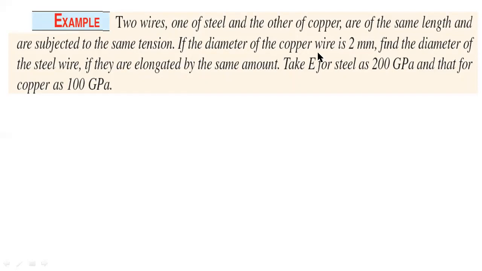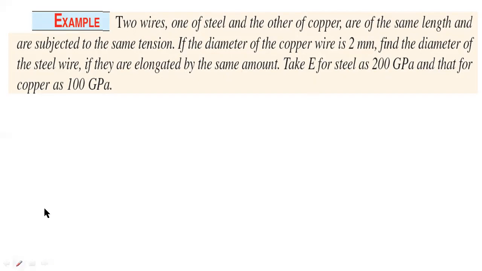If the diameter of the copper wire is 2 mm, find the diameter of the steel wire if they are elongated by the same amount. Take Young's modulus for steel as 200 GPa and that for copper as 100 GPa. This is the question.